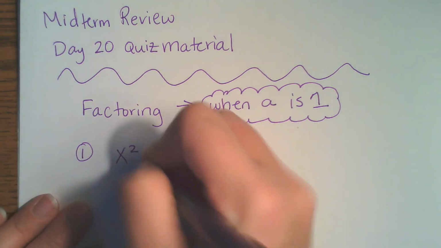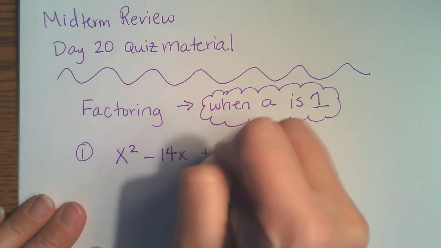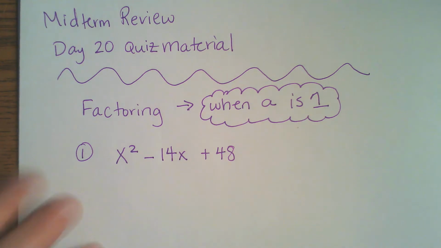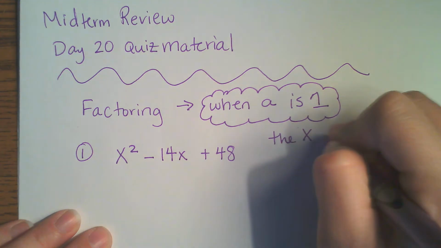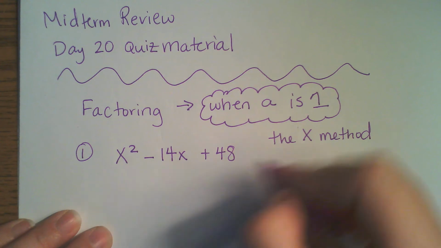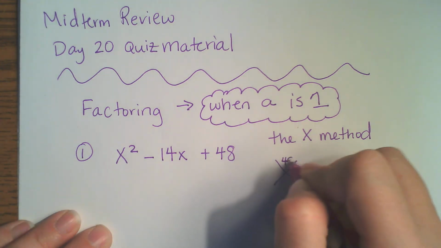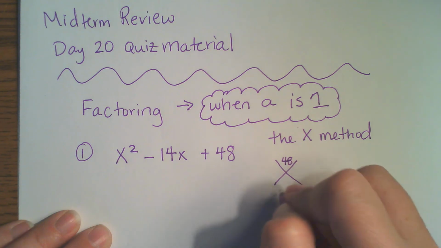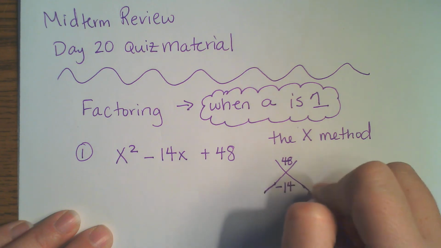X squared minus 14x plus 48. So this is what we call the X method. We look for two factors of 48 that will add to a negative 14.